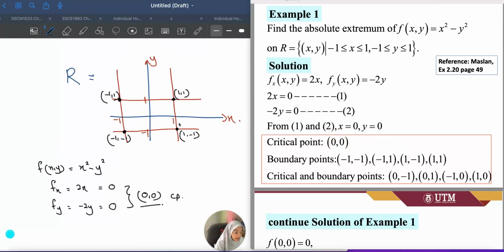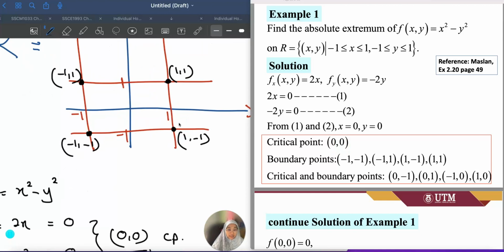Imagine that you have this kind of surface, whatever chart or shape that you have, you can use GeoGebra 3D to give you the surface of this, because we never asked you to sketch the surface for this question. We are just interested in the max and min in this area for this given function.